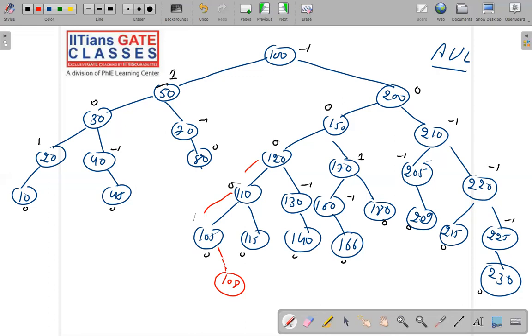Now let's redraw the balance factors. Here the balance factor is -1. Here the balance factor is 1.